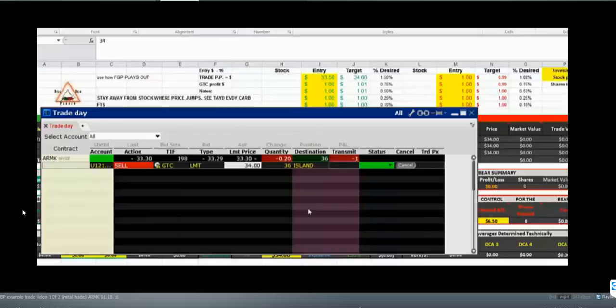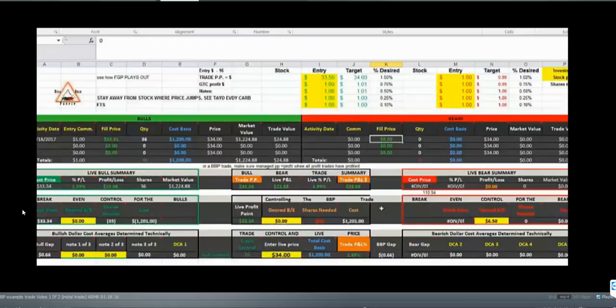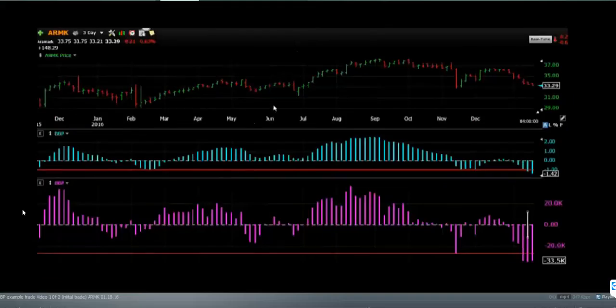So now we have entered in our limit order, which is critical, and you notice I did it within a few minutes of exiting this trade. The next thing I will do immediately is to enter in our trade plan on the actual trade platform. This is the trade platform.